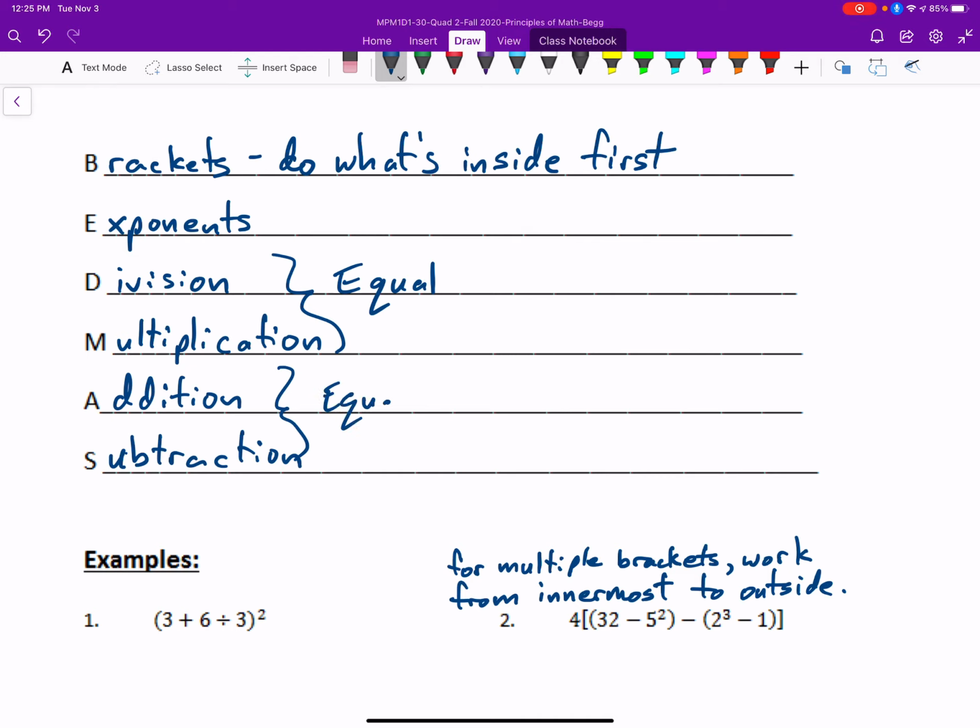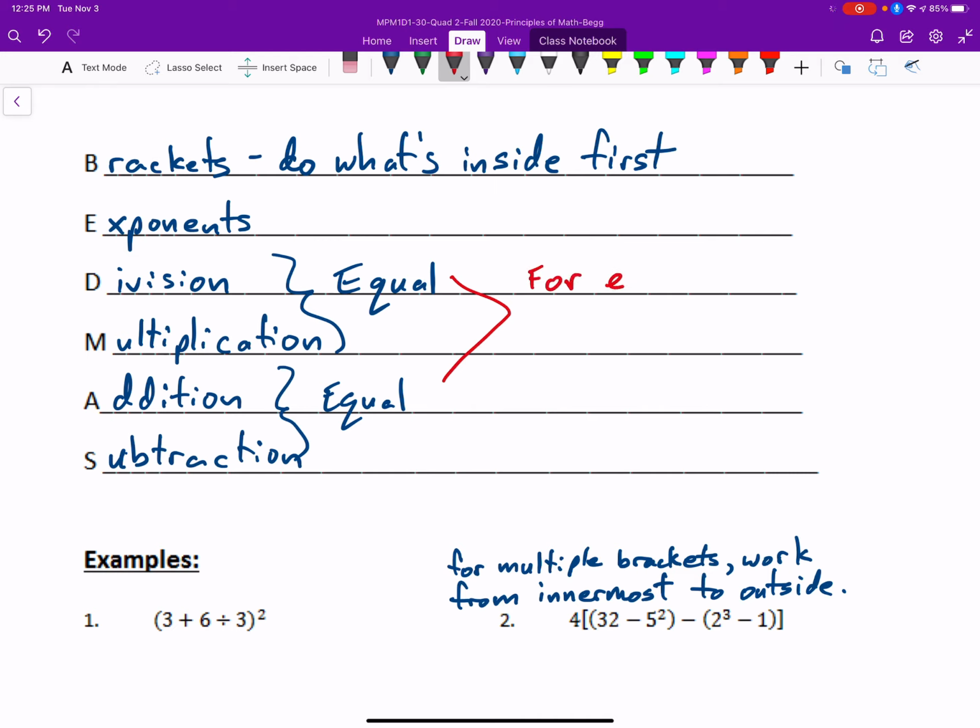We don't do one before the other. It doesn't matter as much for addition and subtraction, to be honest, because you'll probably get the same answer whatever order you do addition and subtraction in. But it's very important for multiplication and division because you'll get very different answers if you divide before multiplying or vice versa. So for that, we work from left to right.